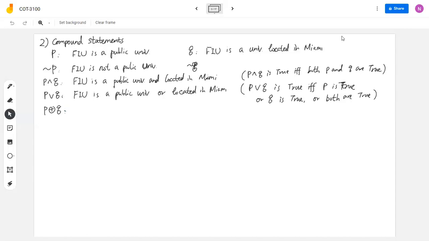It's almost the same as OR, but the only difference is that the compound statement is true if FIU is a public university or is located in Miami, but not both.